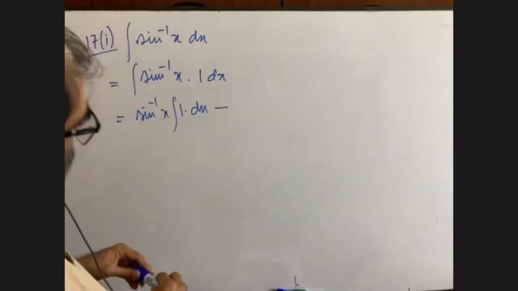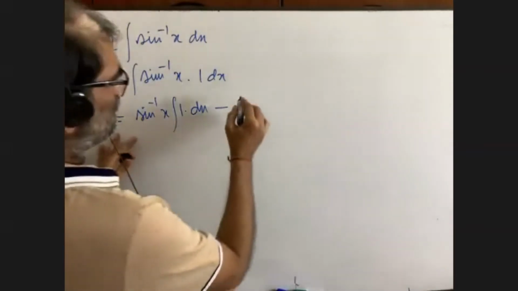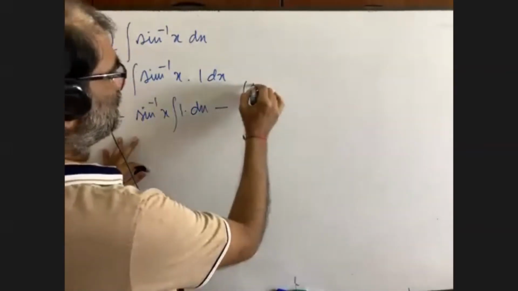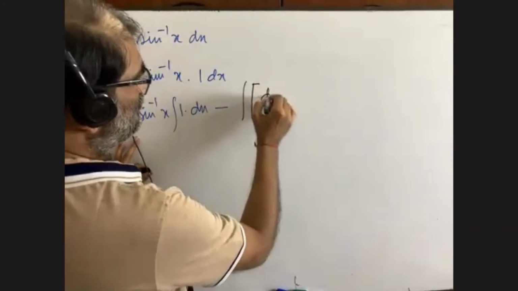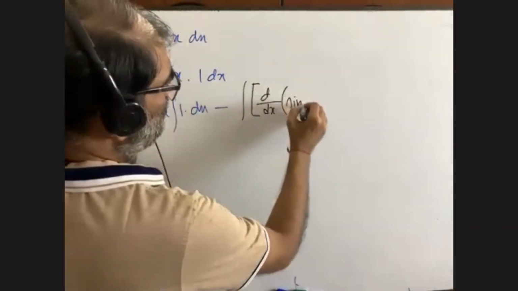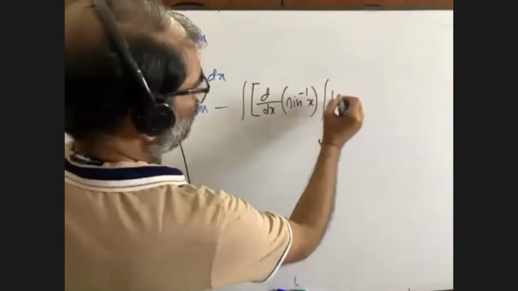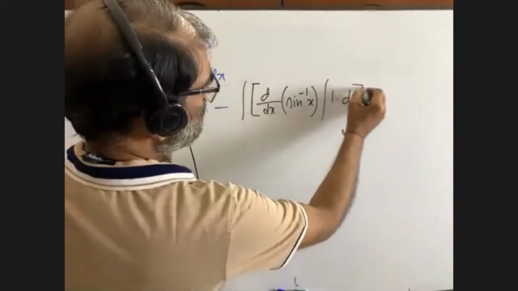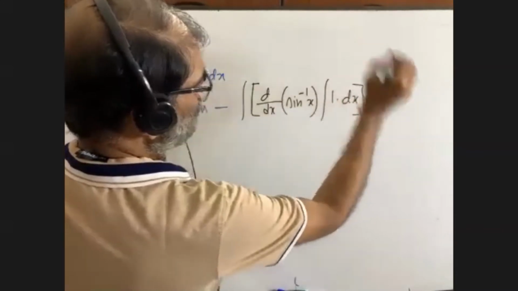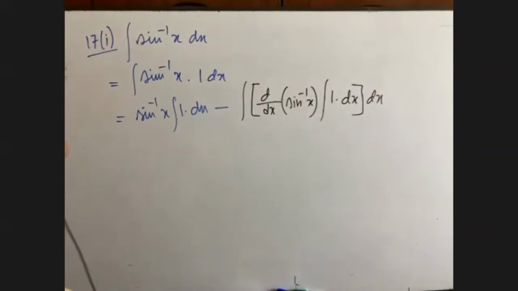Minus integration sign, third bracket, d by dx sine inverse x, integration sign 1 dx, third bracket done, then dx. Okay, in the same way, in the same setup, I am going to do this math.